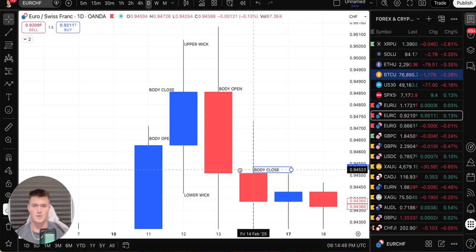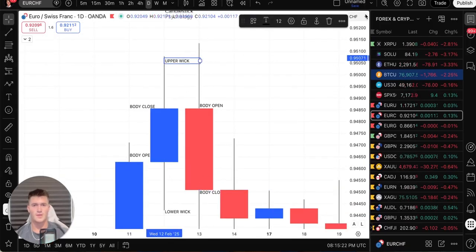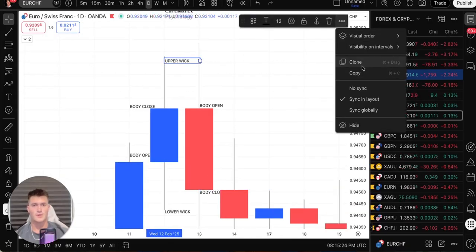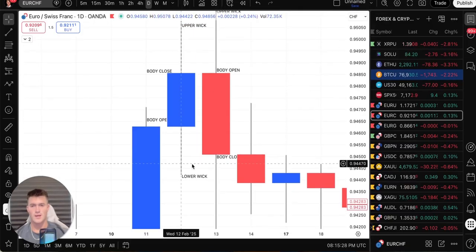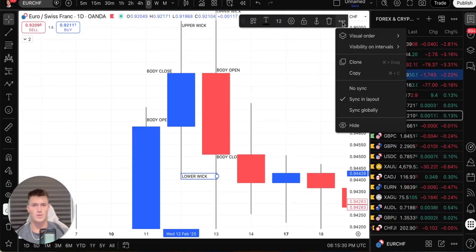Got our body close down here, and then same exact thing over here. We've got our upper wick, and then down here we've got our lower wick.